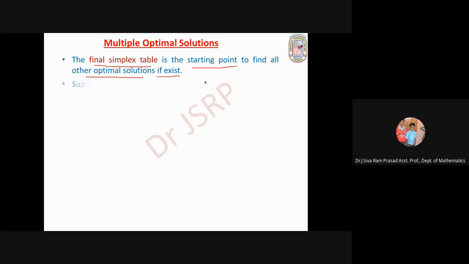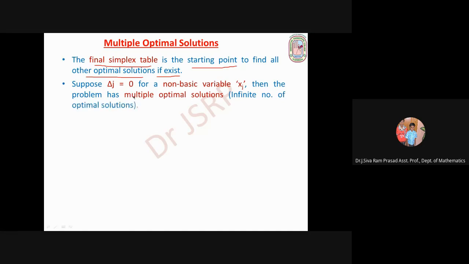How to identify? Suppose in the final simplex table, for a non-basic variable xj, its delta value is 0. Then the problem has multiple optimal solutions.